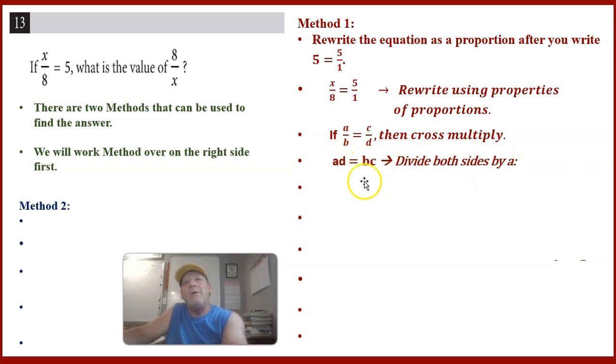So I can divide both sides by A. If I divide both sides by A on the left, the A's will cancel. See how this A and this A cancel?